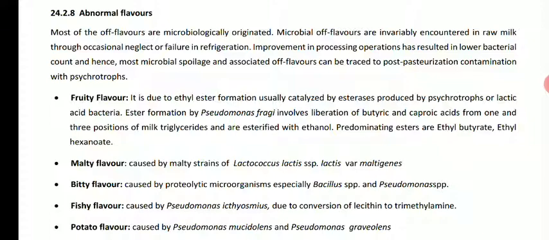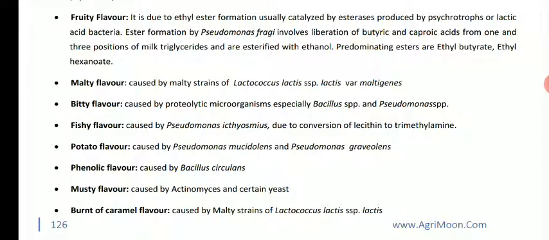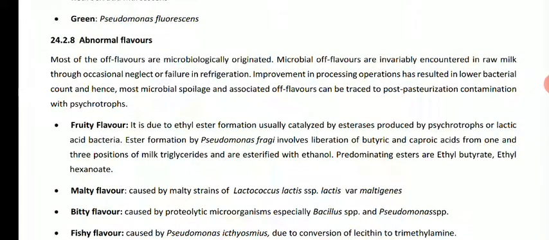Again, these are different types of flavors caused by different types of microbial groups. Most off flavors are microbiologically originated. Basically, the off flavoring property in milk and milk related products is related to microbes, carried out by microbial changes.